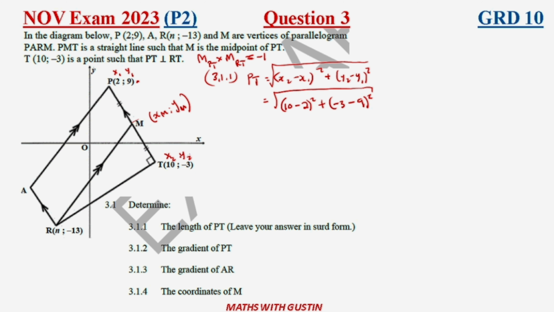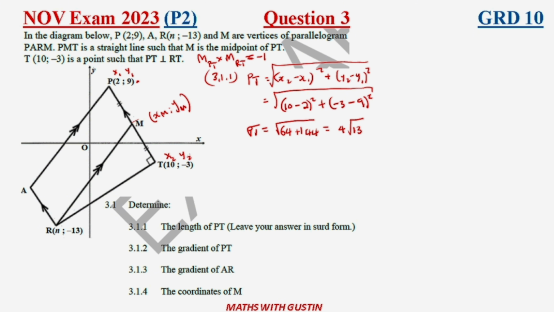Just taking it as it is here, guys, on the PT. Therefore, if we punch this all together into our calculator, there is no need to simplify it first. It's going to give us the square root of 64 plus 144, which gives us 4 square root of 13 as our answer there.